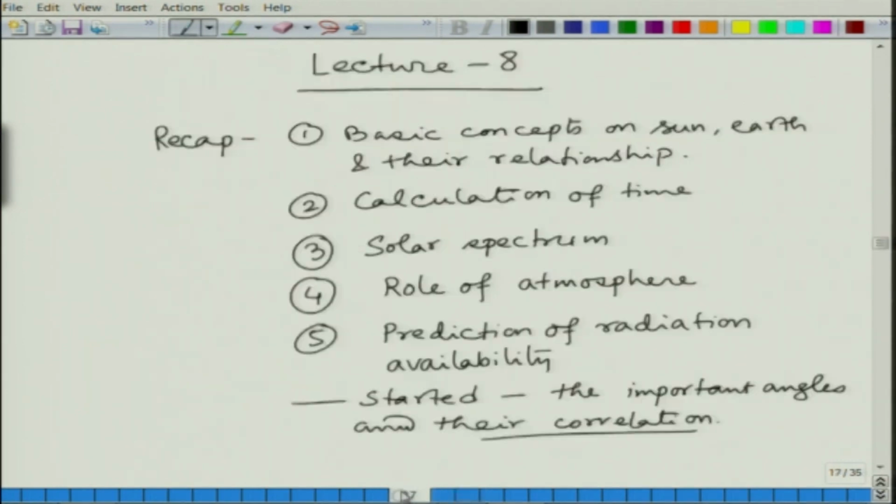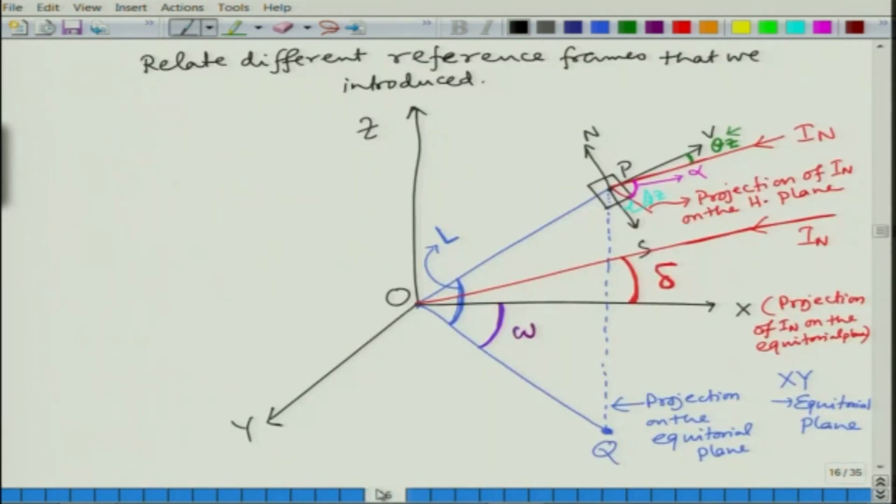If we go back and look at this figure, for the vector OP, if you project it to the equatorial plane xy, you get this OQ. To get OQ you multiply by cos L, and then to project to the x axis you multiply with cos omega, and for the y axis with sin omega.